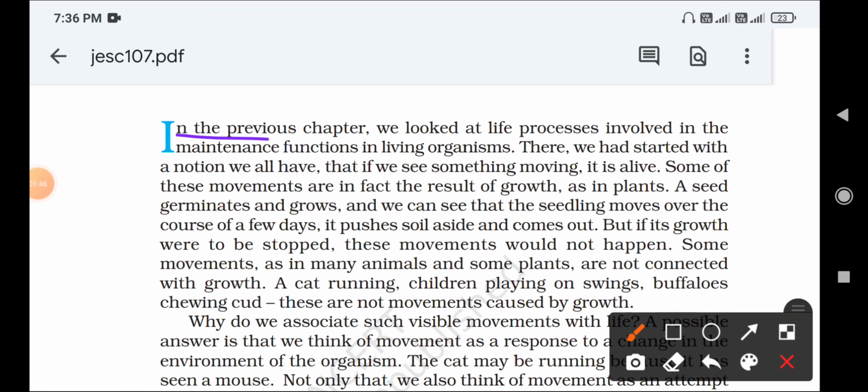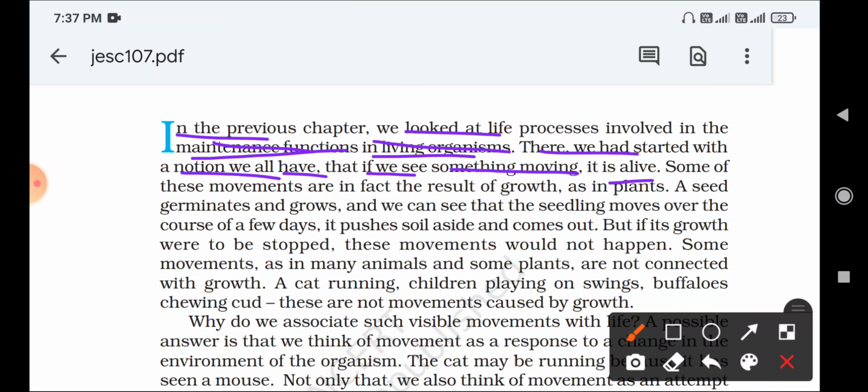In the previous chapter we looked at life processes involved in the maintenance of function in living organisms. In the last chapter we studied the different types of maintenance functions in living organisms. There we started with a notion we all have, that if we see something moving, it's alive.